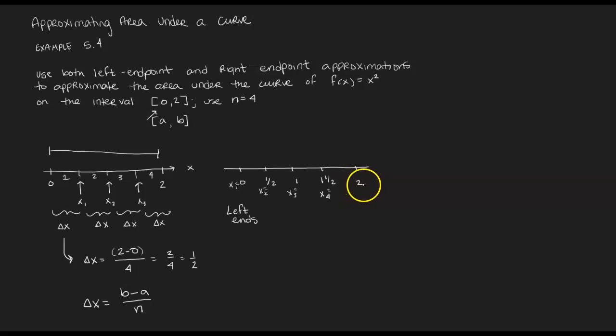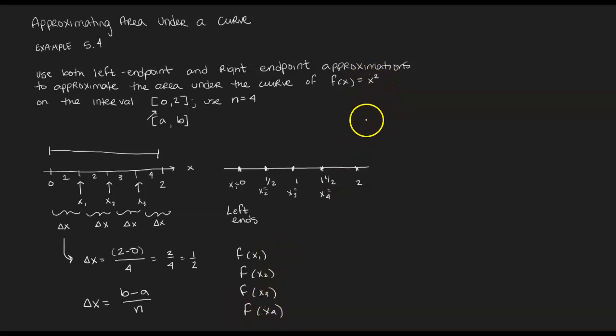So 2 is not going to get one of these special x subscript notations. Remember, we're going to use the left endpoint to create the height of our rectangles. So we're going to take each of these x subscript values and plug them into our function. We need to calculate f at x sub 1, f at x sub 2, f at x sub 3, f at x sub 4.